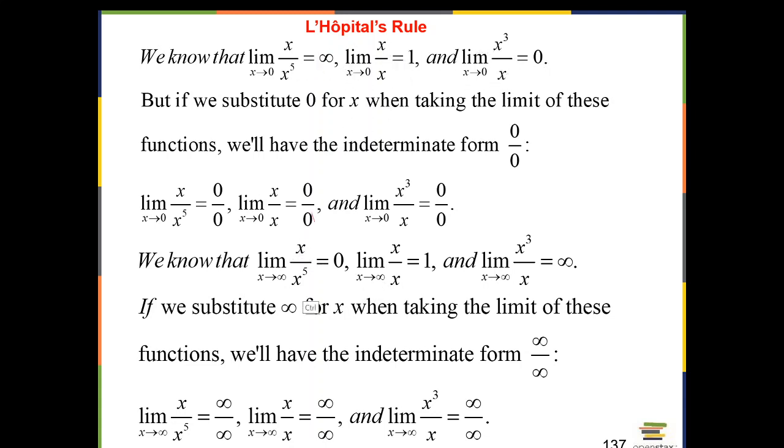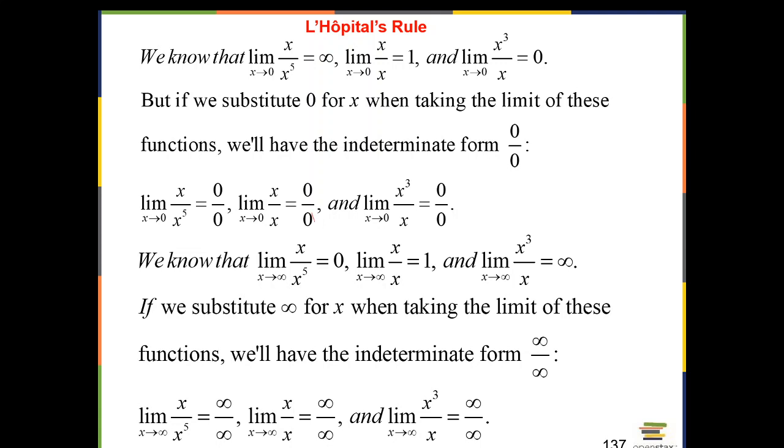Same is true if we have an infinity limit. So if x approaches infinity, here we can cancel the x's and get 0, because we get 1 over x to the fourth, which is 0. And over here, if we cancel the x's, we get 1 when x approaches infinity, because this is a constant, so it doesn't really matter.